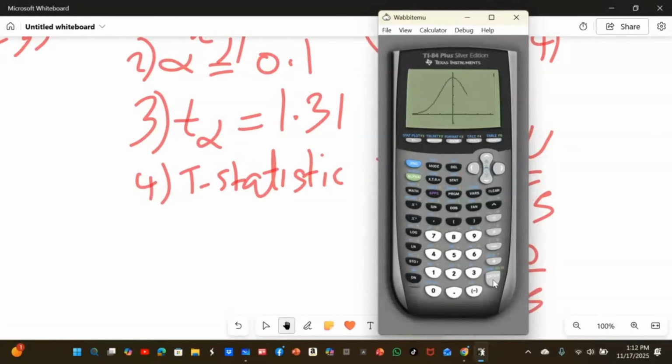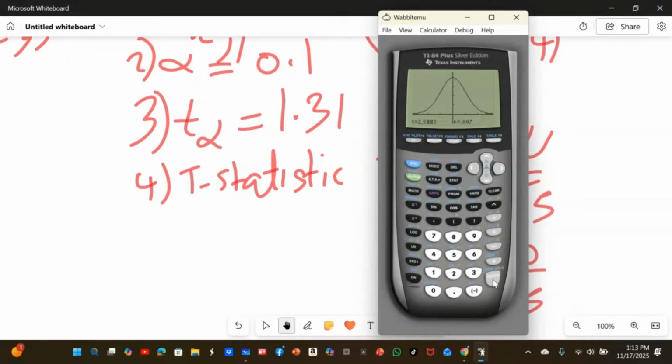So I'm drawing for this right tail test, and it gave me the test statistic. The test statistic is approximately 2.3.